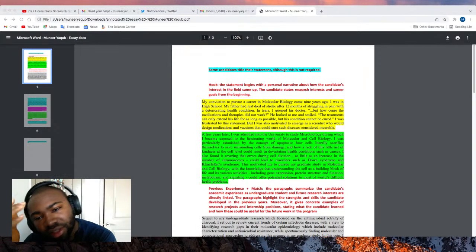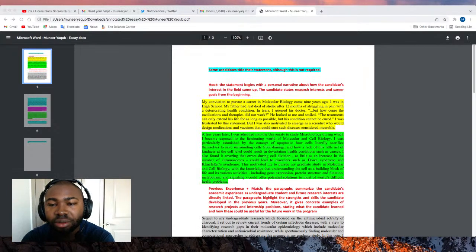In tears, I queried his doctor, but how come the medications and therapies did not work? He looked at me and smiled. The treatments can only extend his life for as long as possible, but his condition cannot be cured. I was frustrated by this statement, but I was also motivated to emerge as a scientist who would design medications and vaccines that could cure such diseases considered incurable."